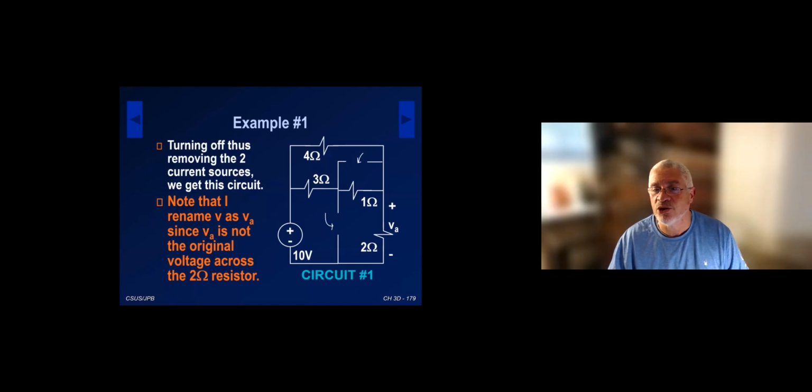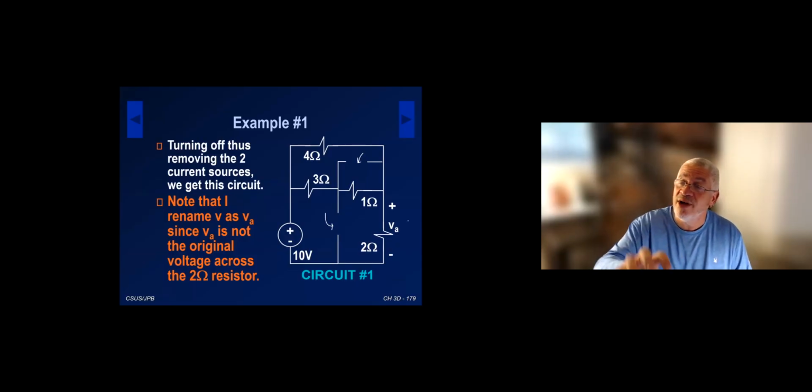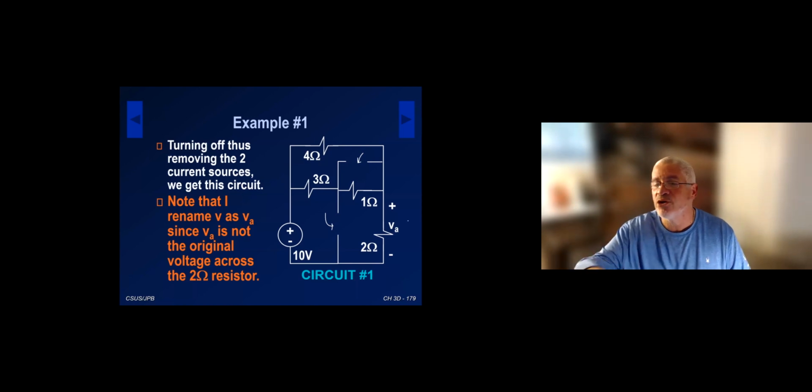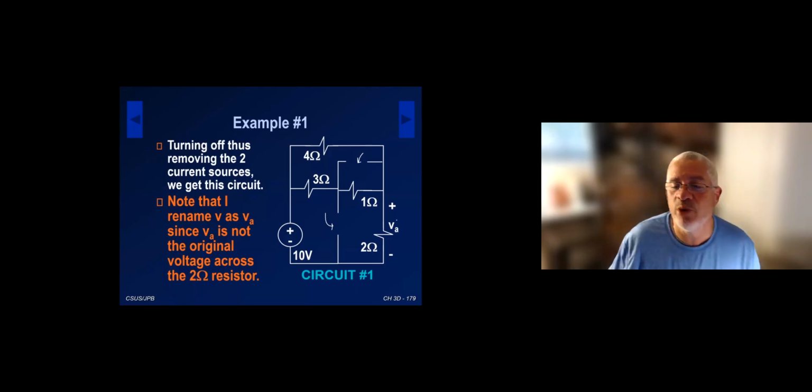So this circuit has only the 10 volt source, and I'm replacing the original voltage with VA because it's not equal to the original voltage; it's going to be a subset. So you're going to have VA, VB for the next circuit, VC, and then I'm going to add these three to get the original solution. Of course, superposition implies that these individual circuits are much simpler to solve than the original circuit.